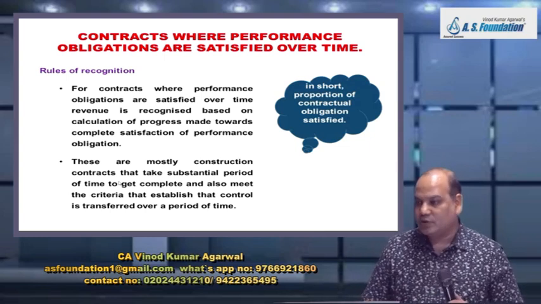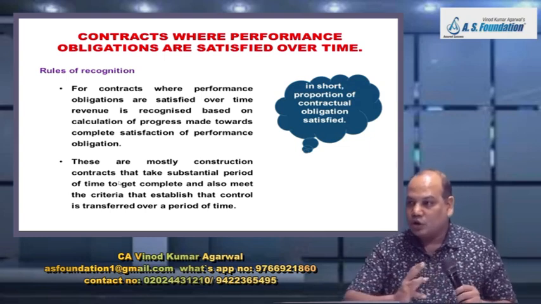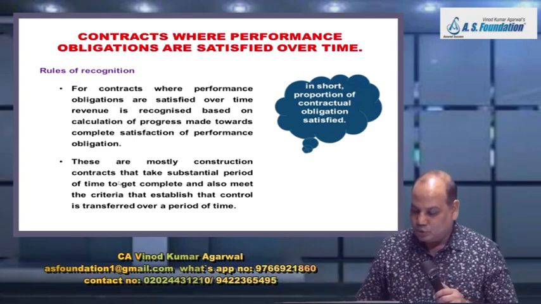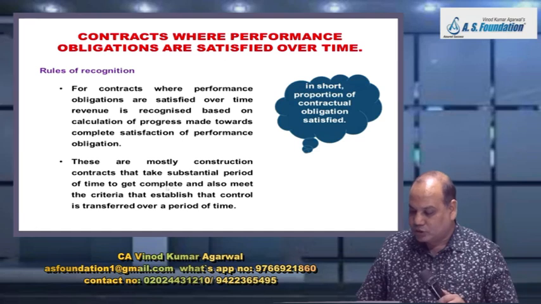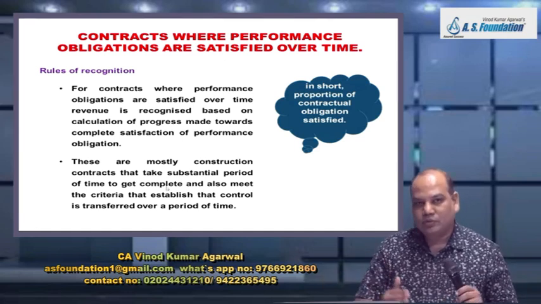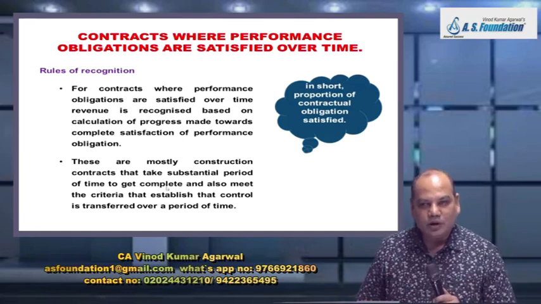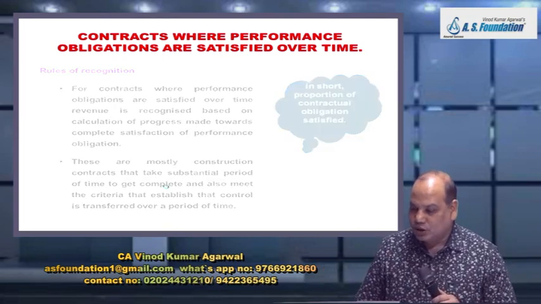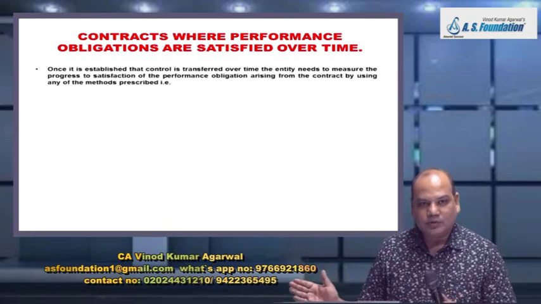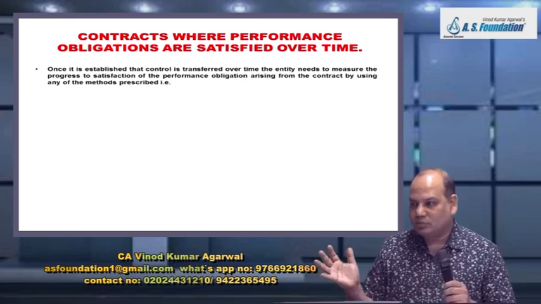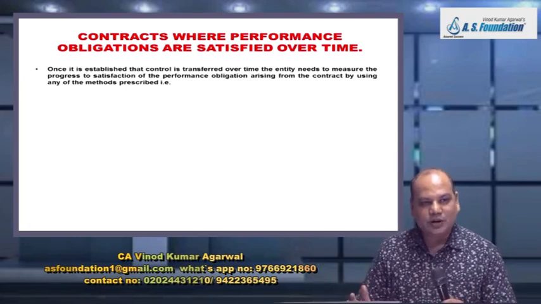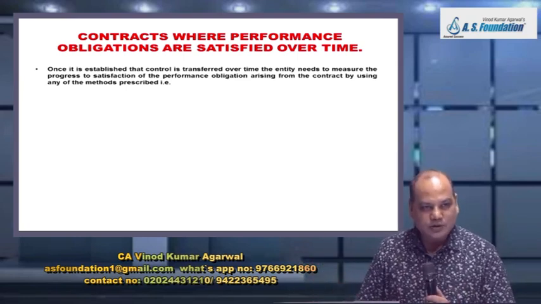Any contract which takes a long period of time, usually many years. So therefore we need to find out what is the most appropriate way to recognize revenue and the cost. Because as and when you are doing the work, you are creating or enhancing or generating an asset for the customer.